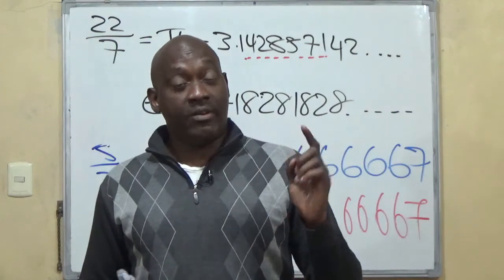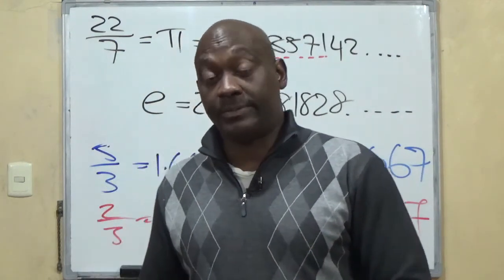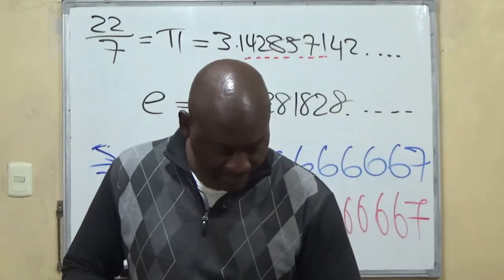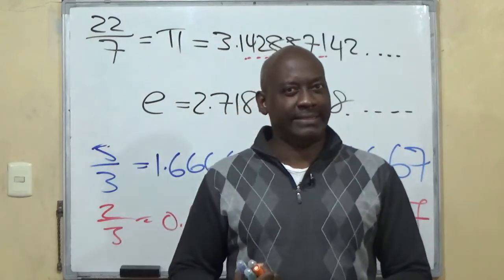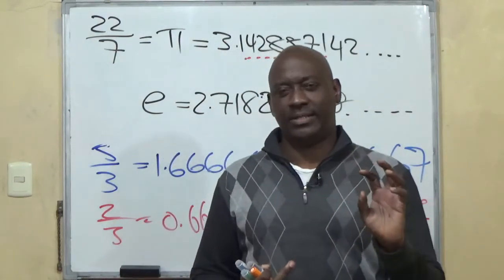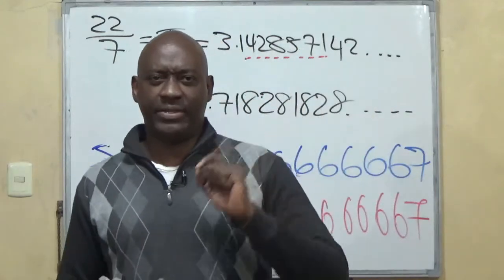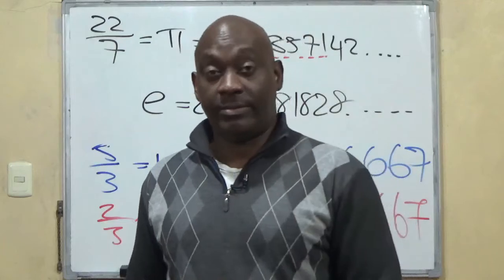We also have another category of numbers. These are numbers that we refer to as perfect squares, squares and their square roots. We will deal with that in the next video too.